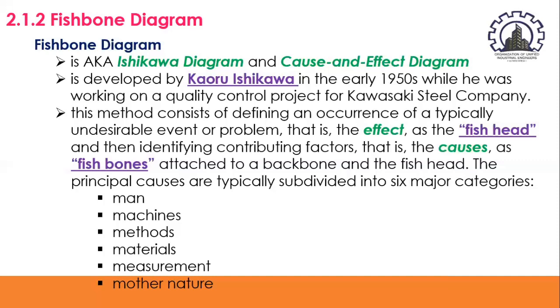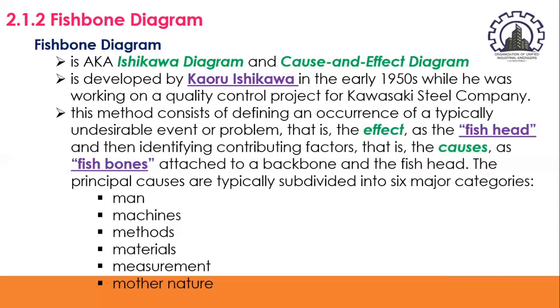And take note, a good diagram will have several levels of bones and will provide a very good overview of a problem and its contributing factors. The factors are then critically analyzed in terms of their probable contribution to the overall problem. This process will also tend to identify potential solutions.